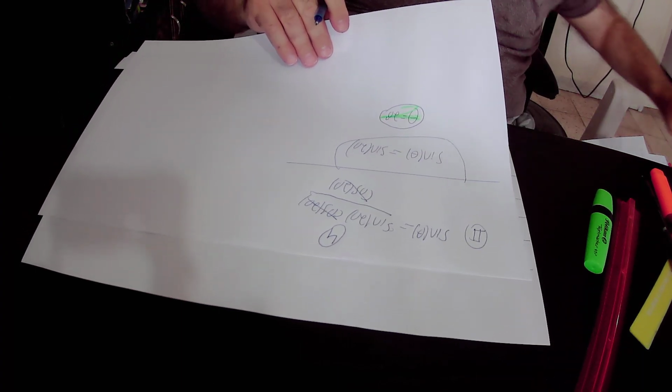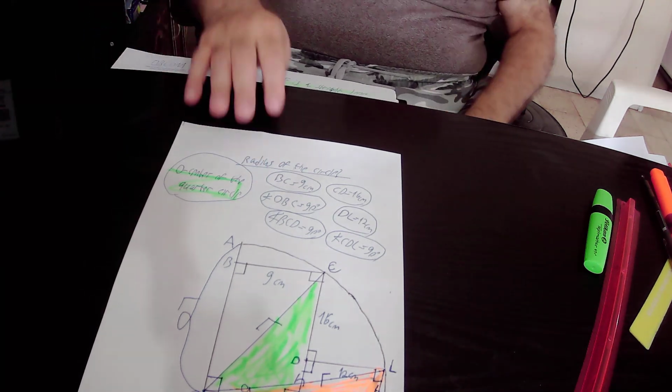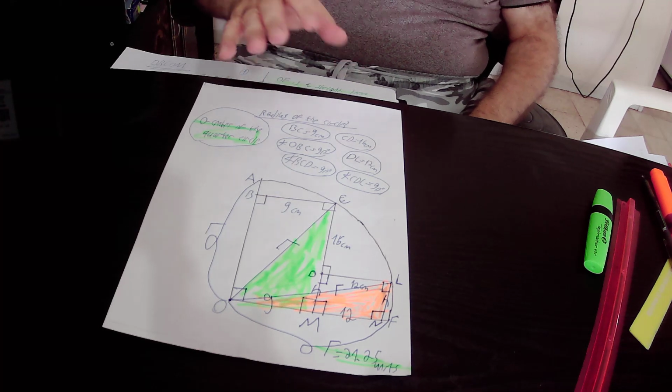We'll start with the first question, of course. In the drawing, we have a quarter circle.